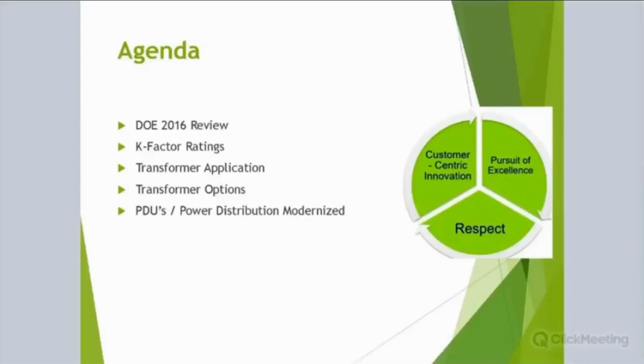We'll just touch on a couple of slides on those. And then it's not on this agenda, but there's some spec criteria to kind of sum up what we talked about and be able to tell you, here's what you need to look for when it pertains to transformers and making sure that you get what you specify or what you ask the engineer to specify for you.